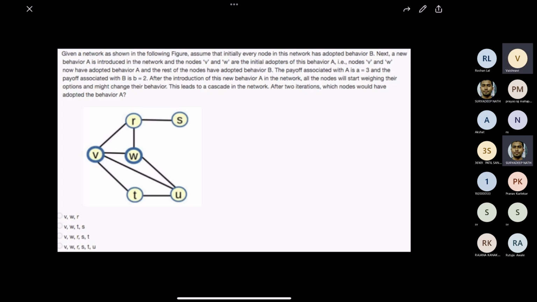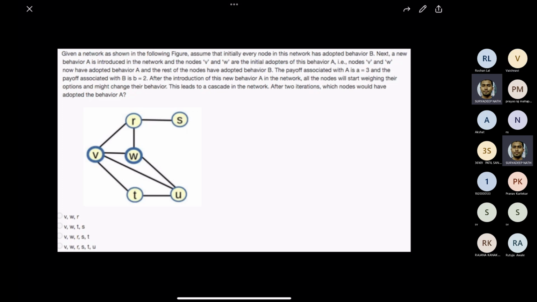But in the answer key, option B is correct. So they are saying that U and R did not adopt. Yeah, I was also confused with this. How is it possible? But if you do the weighting, for R, the net payoff for idea A would be 2 into 3 because two of its friends, so that is 6, and this is 2 into 1.